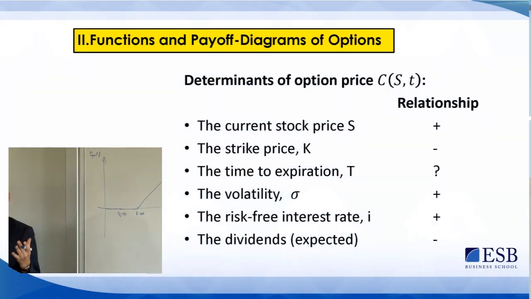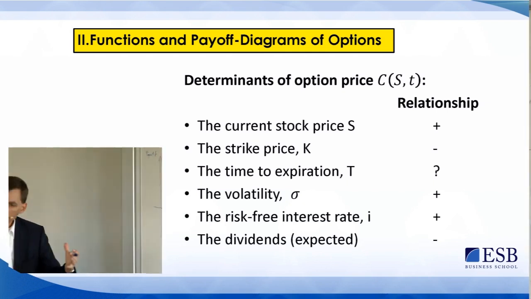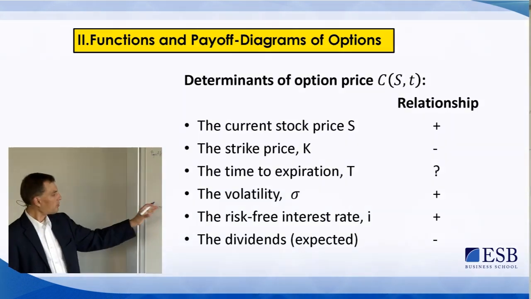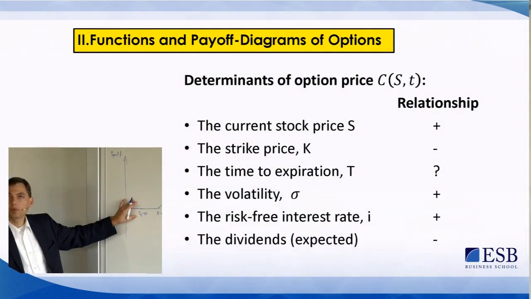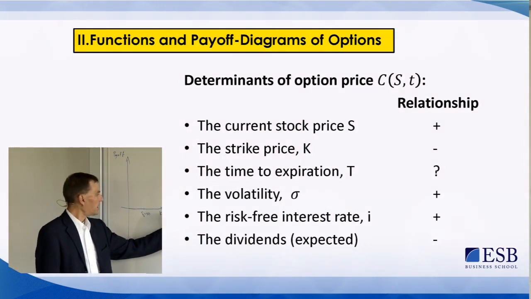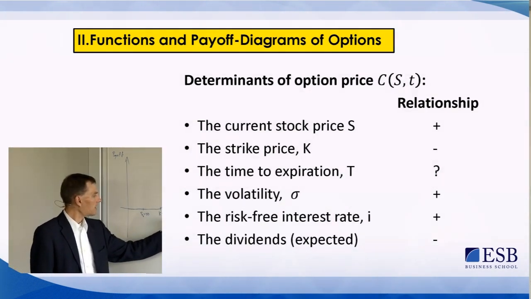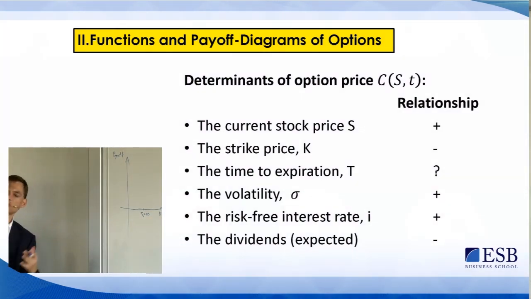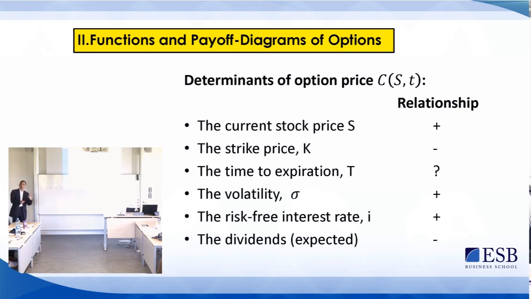And then we think about what is the price of an option we are willing to pay in comparison to the situation where the stock price today is, let's say, 150. And what we are willing to pay for an option today. And this relationship is telling us, the greater the price today, I have to pay more.